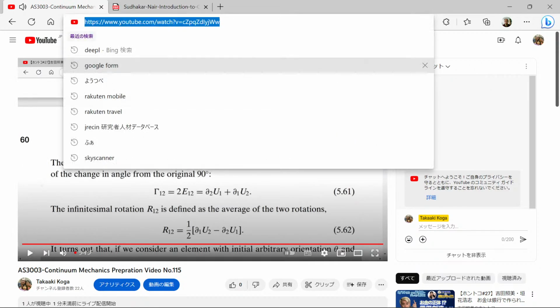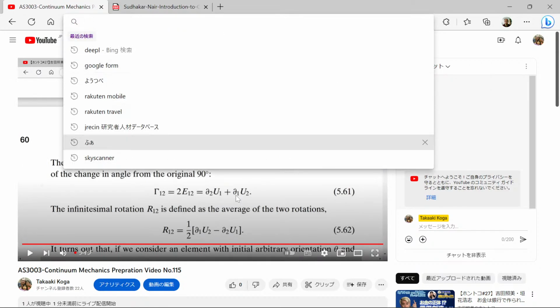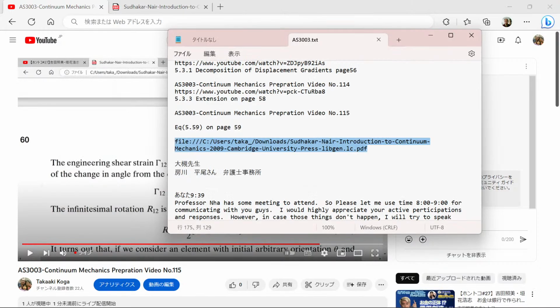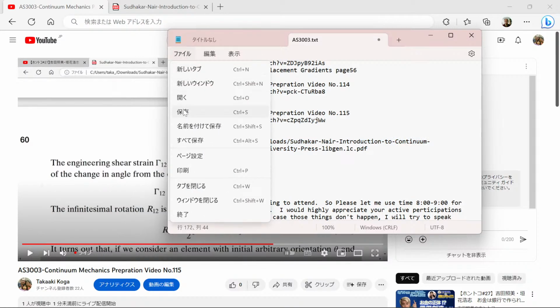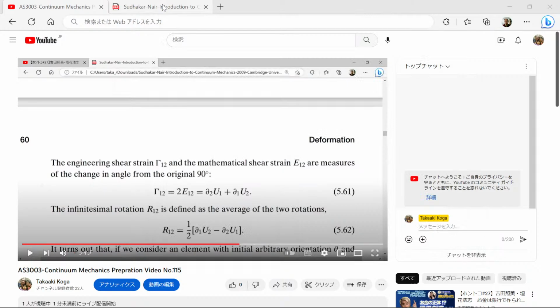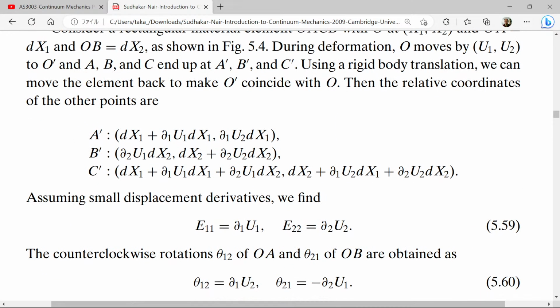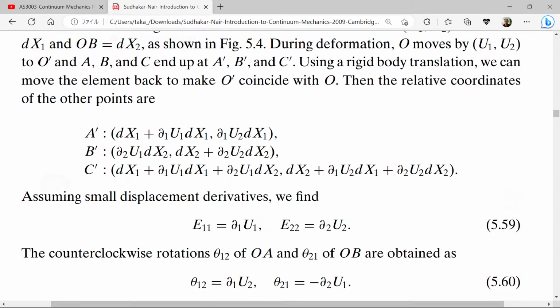Okay, so this is a new link. I'm going to copy and paste it here and save. Okay, so we are working on this part, equation 559, right?